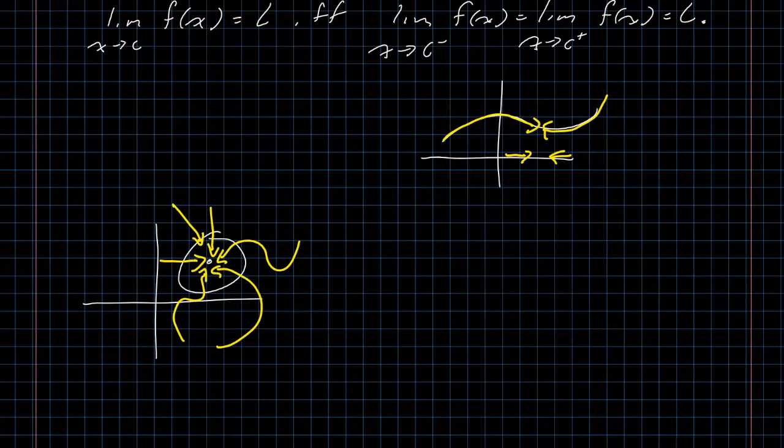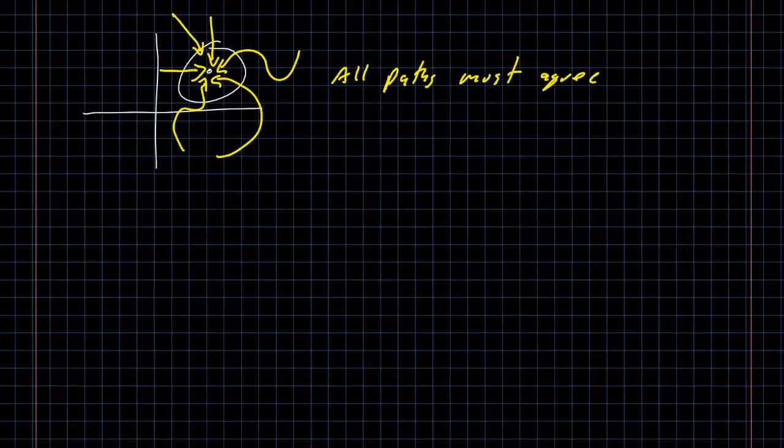Right? There are infinitely many different paths that we can take. And as long as all paths agree, then we're going to be good. The problem is all paths is quite a lot of paths.